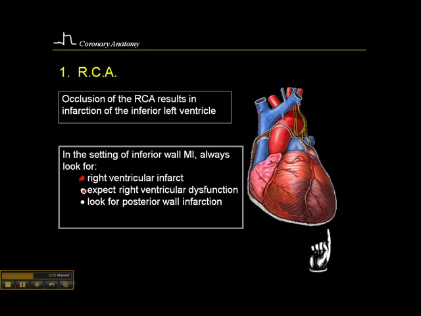Even if there isn't electrocardiographic evidence of an RV infarct, we should anticipate that there may be some right ventricular dysfunction because if the right ventricle is ischemic, isn't receiving adequate blood supply, that's going to affect cardiac contractility. And we also want to look for posterior wall infarctions in the presence of inferior wall MIs.